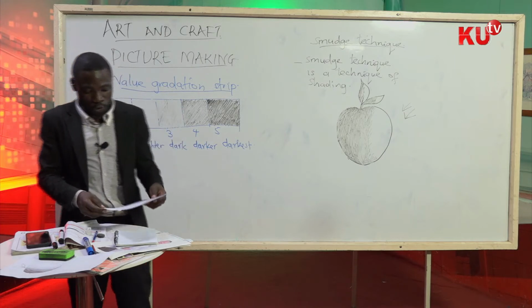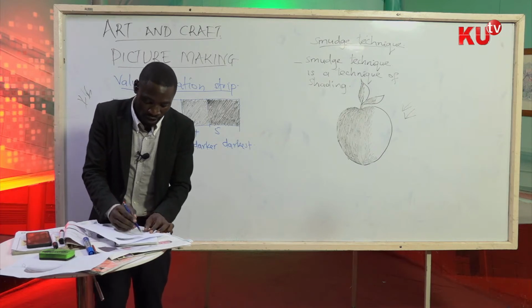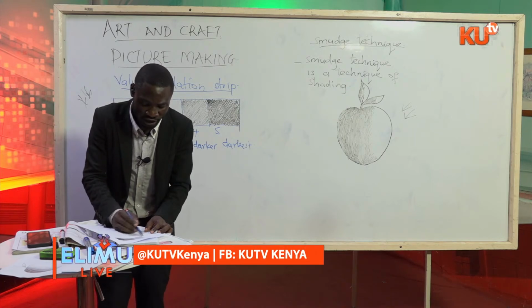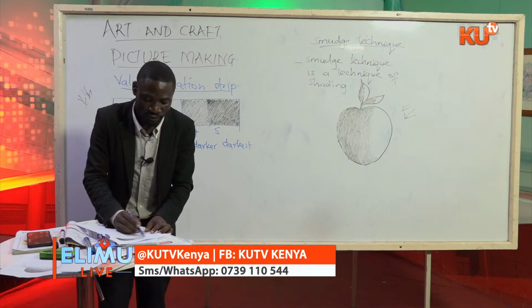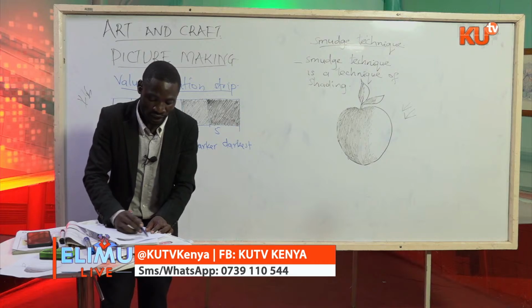We are going to the next one, that is box number 2. Box number 2, we will slightly shade it. As we shade, remember that we are moving towards the lighter side.